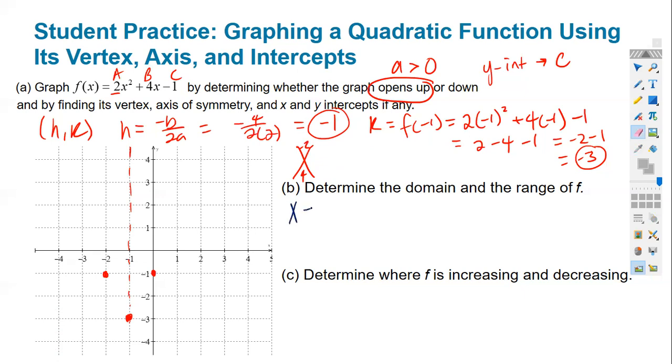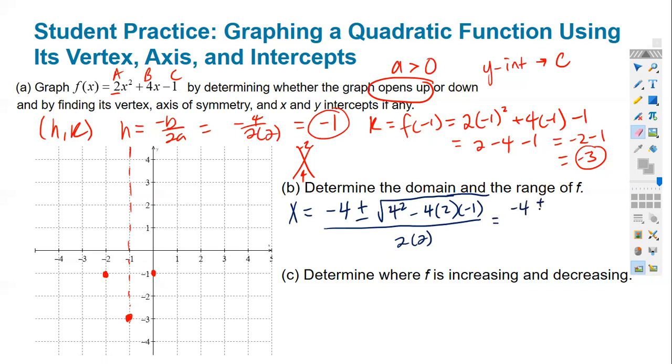So I'm going to do quadratic. x equals negative b plus or minus the square root of b squared minus 4ac divided by 2a. So I literally plug the numbers where the letters are in the formula. So we have negative 4 plus or minus the square root of 16 plus 8. What is 16 plus 8? 24.